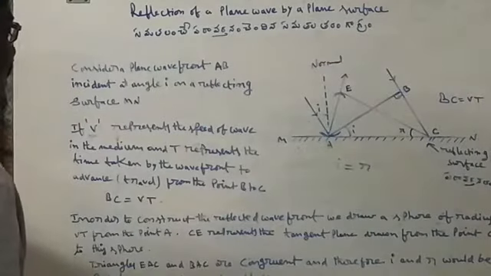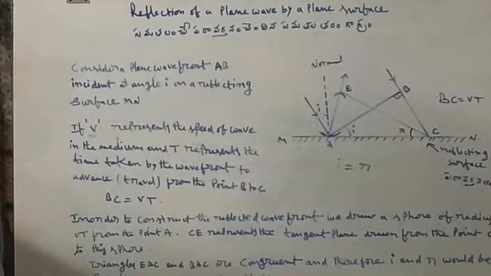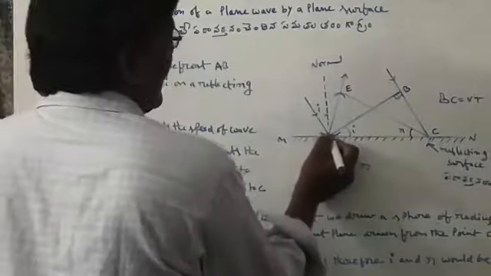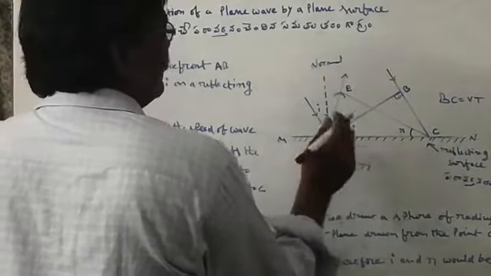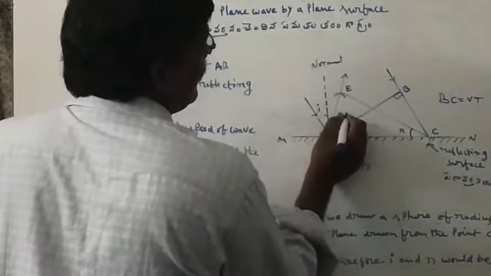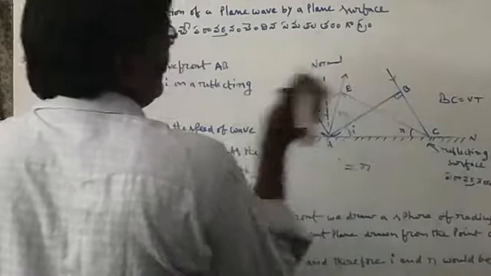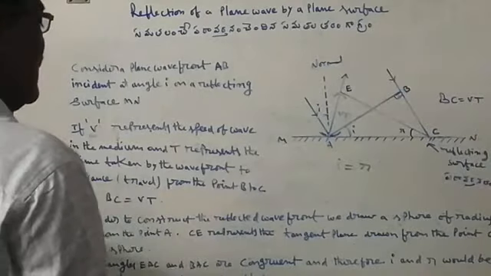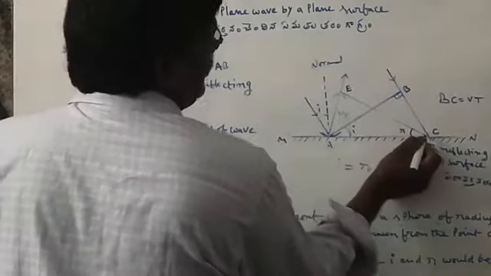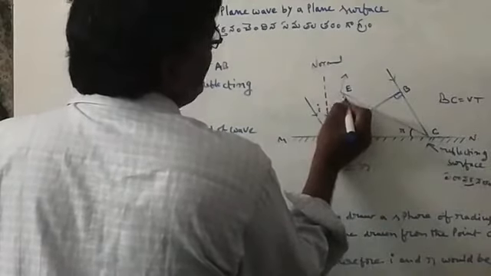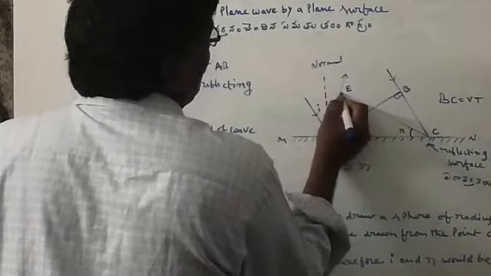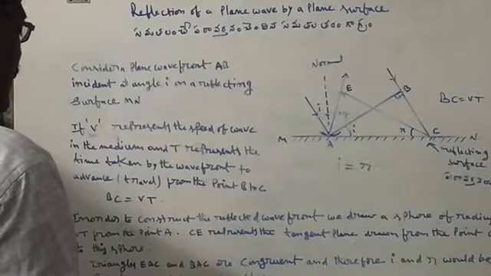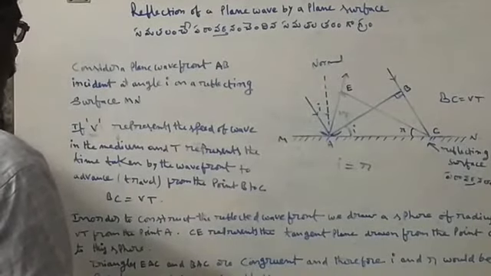In order to construct the reflected wavefront, we draw a sphere of radius Vt from the point A. CE represents the tangent plane drawn from the point C to this sphere.